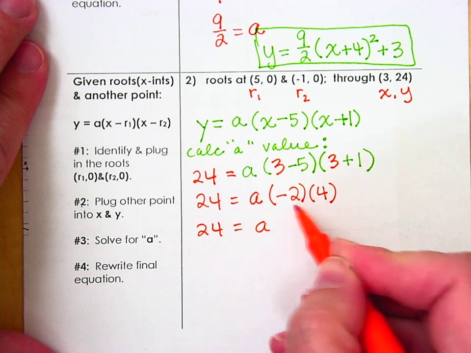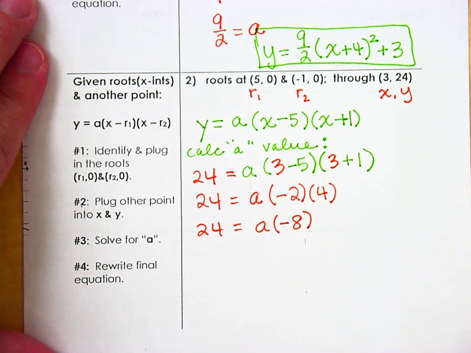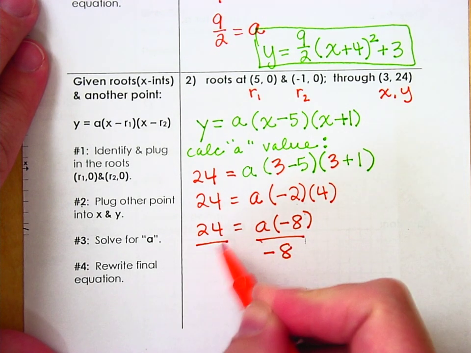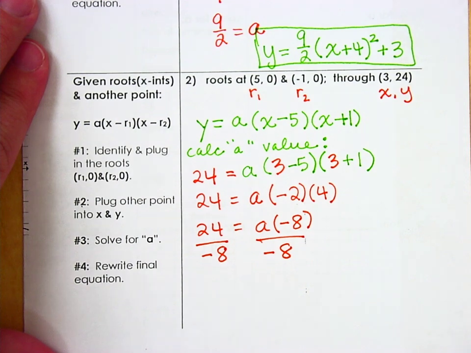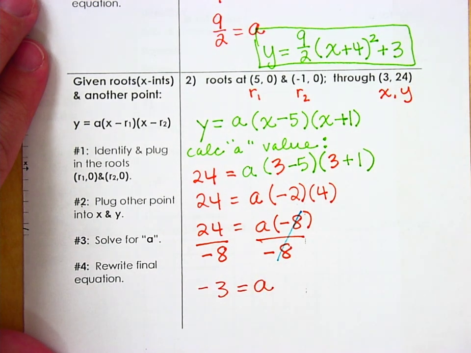So negative 2 times 4 is negative 8. And then we divide by negative 8. Get this to cancel. And 24 divided by negative 8 is negative 3, equals our a value.